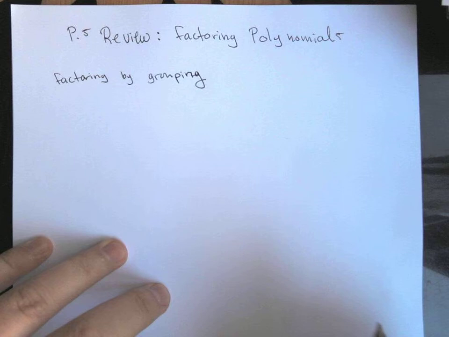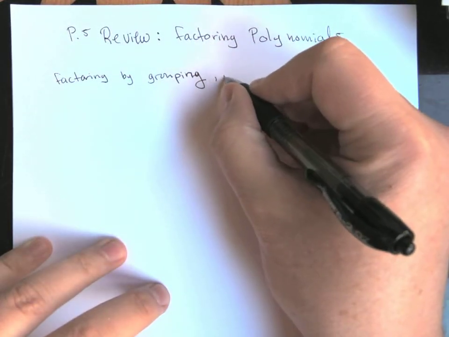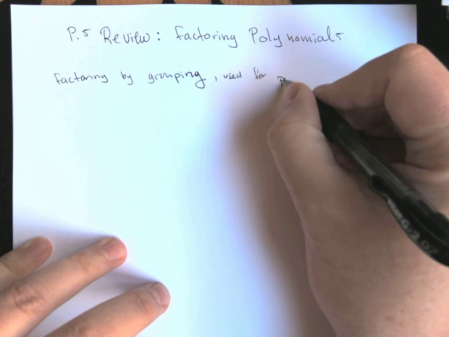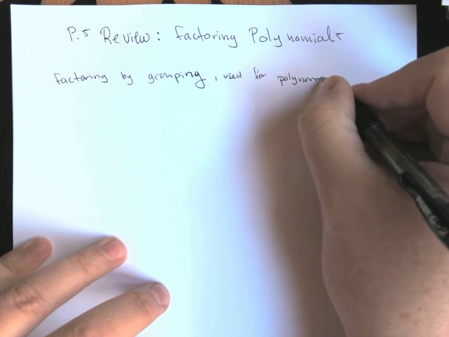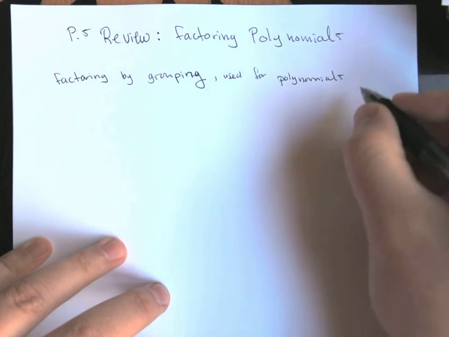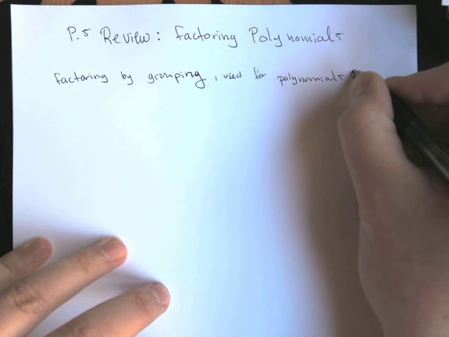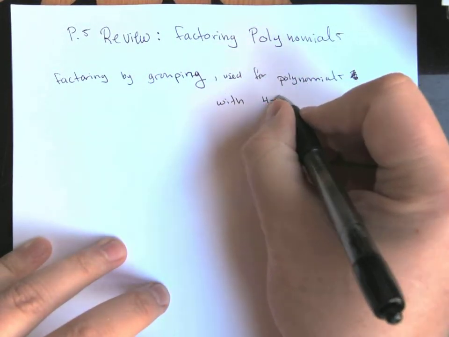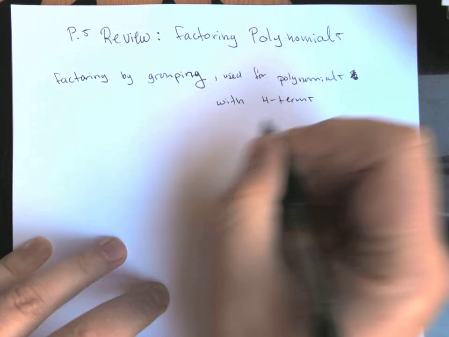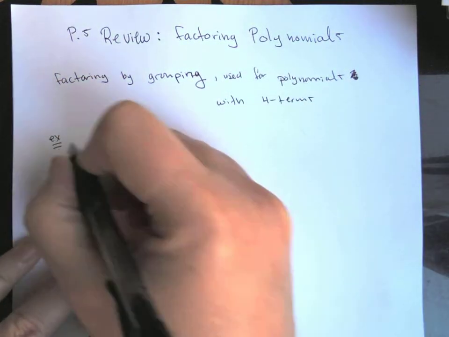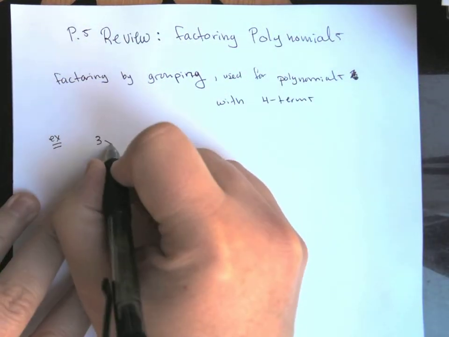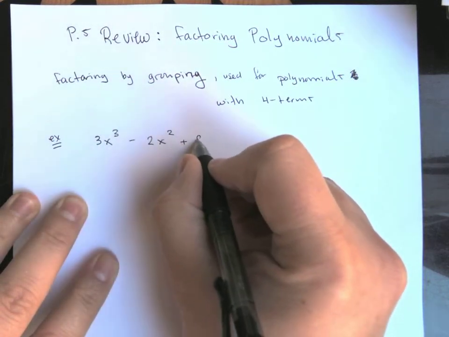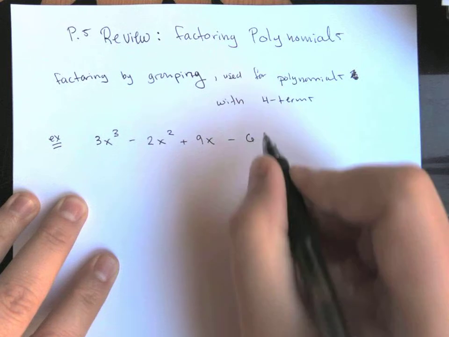So factoring by grouping, we're going to use this for polynomials with 4 terms. So for example, something like 3x cubed minus 2x squared plus 9x minus 6.